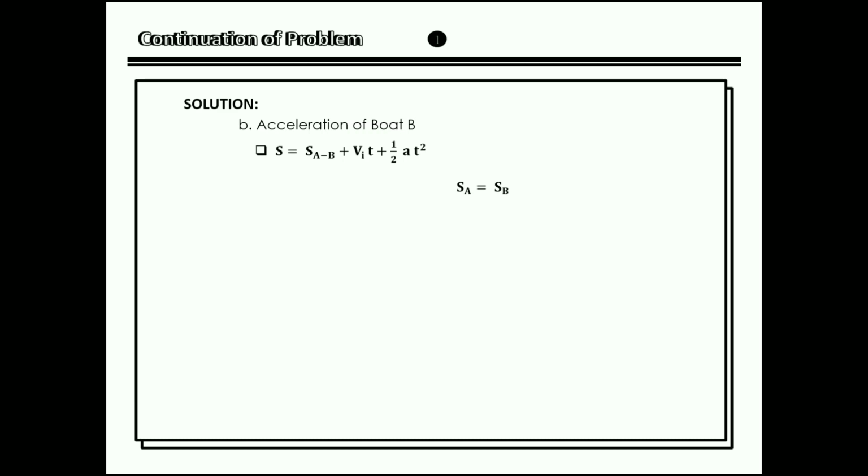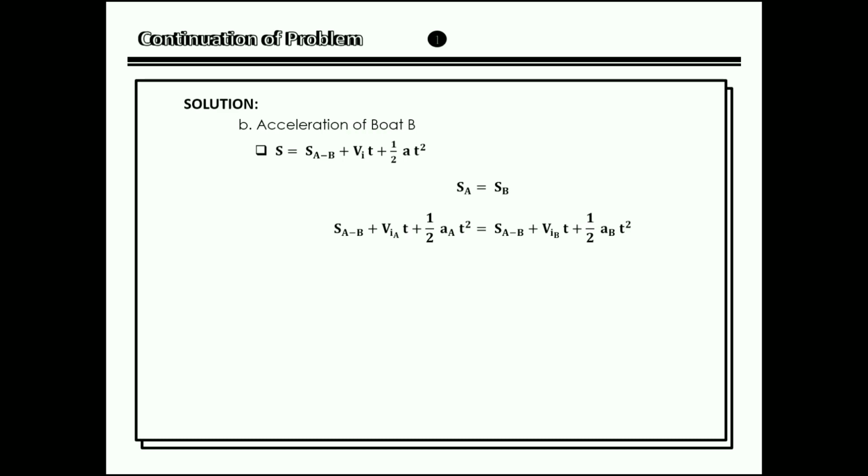We get the equation s of A to B plus v_iA t plus 1/2 a_A t squared equals s of A to B plus v_iB t plus 1/2 a_B t squared.